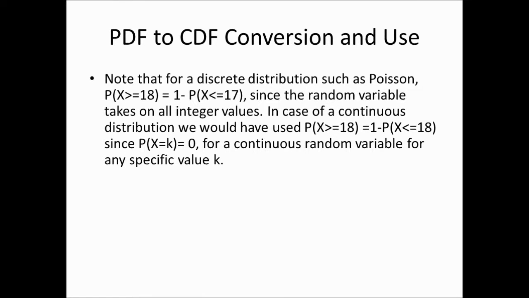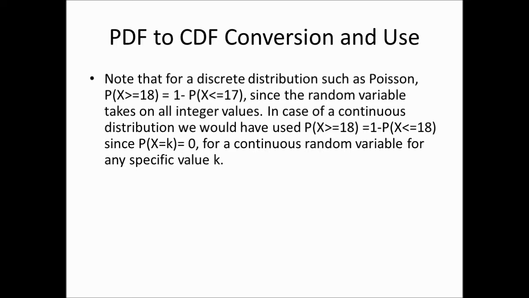Moving on, note that for a discrete distribution, such as Poisson, probability X greater than or equal to 18 is equal to 1 minus probability X less than or equal to 17, since the random variable takes on all integer values.